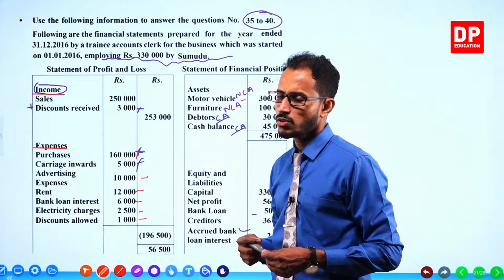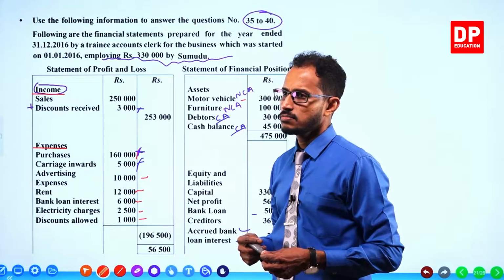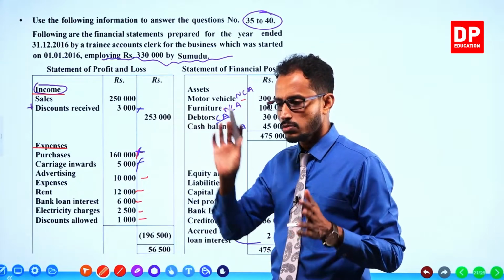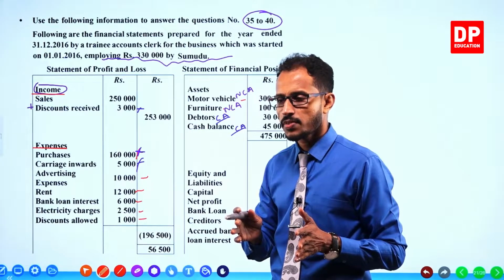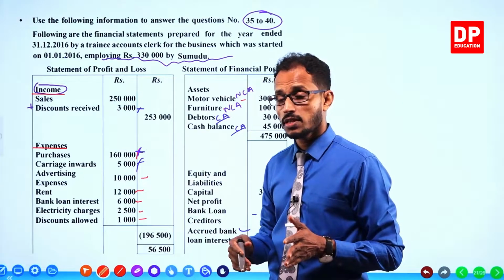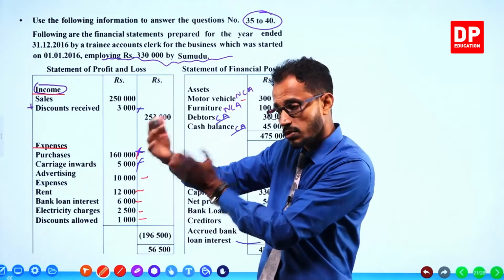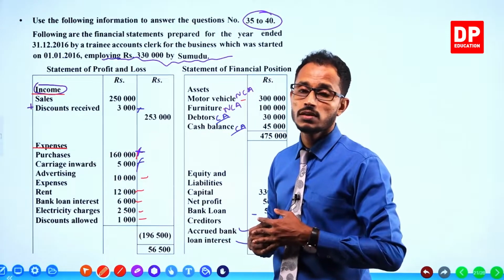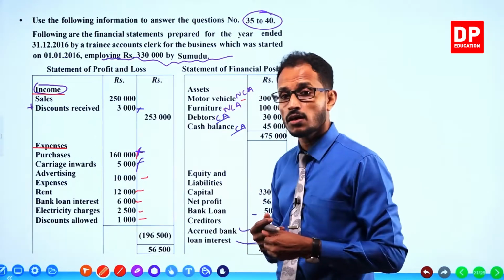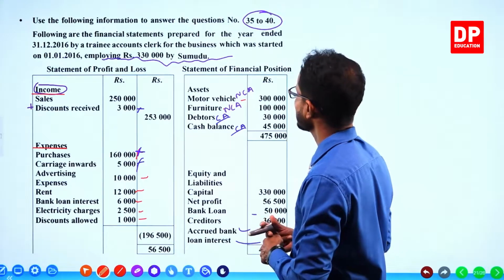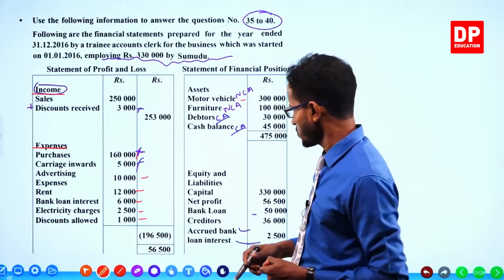Maybe even a closing stock is not there, because if all the goods were sold without a remaining stock, if the year was so successful, then a closing stock cannot be there. Let's assume that way, and we'll go and see the questions.